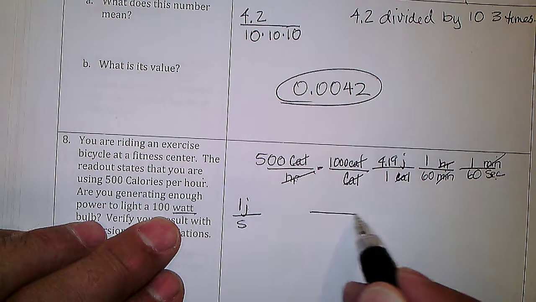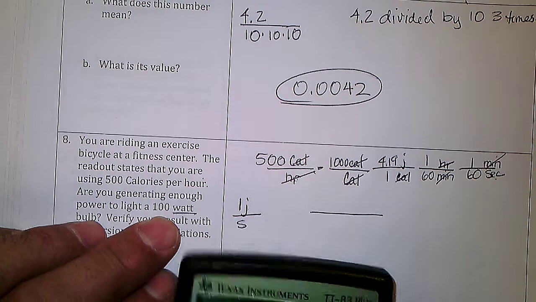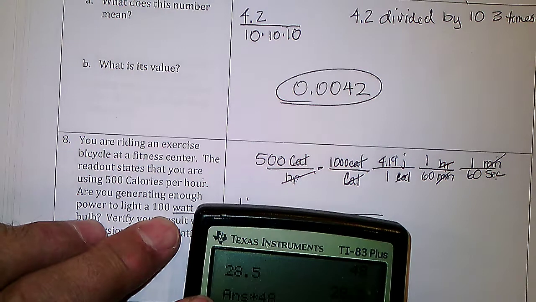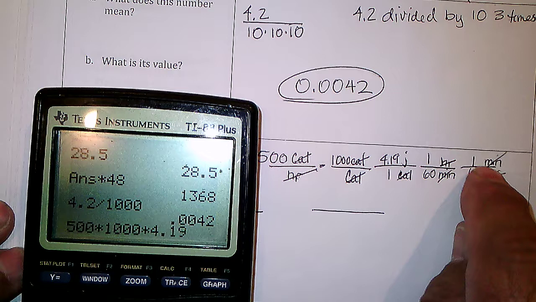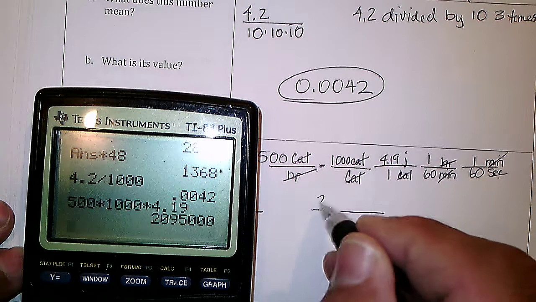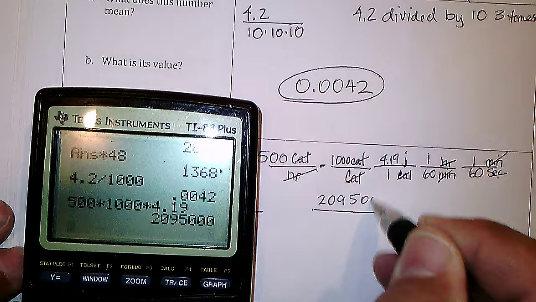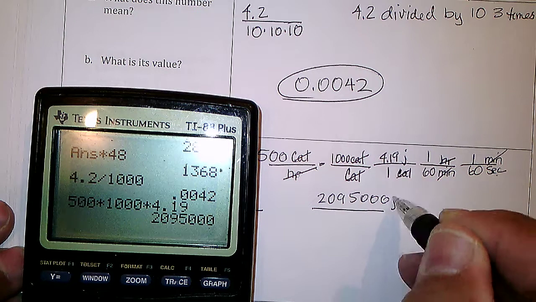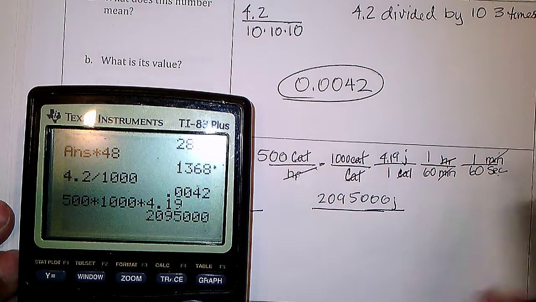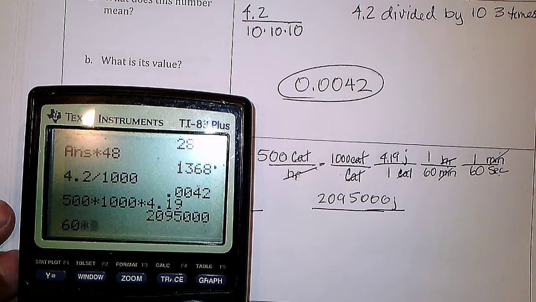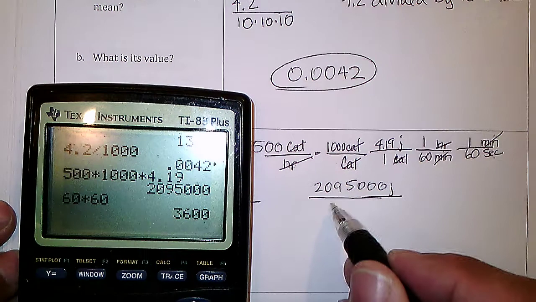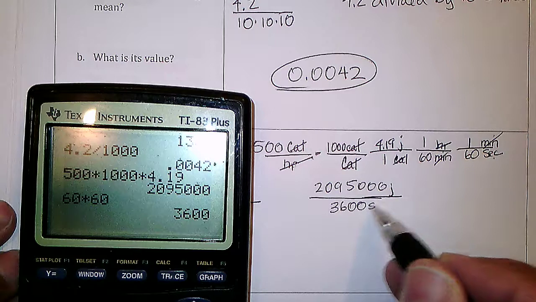So our numerator is going to be 500 times 1,000 times 1,000 times 4.19 times 1 times 1, which is 2,095,000 joules, and the seconds is 1 times 1 times 1 times 60 times 60, which is 3,600 seconds.